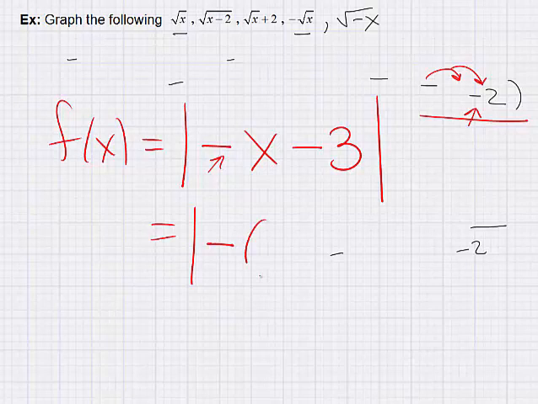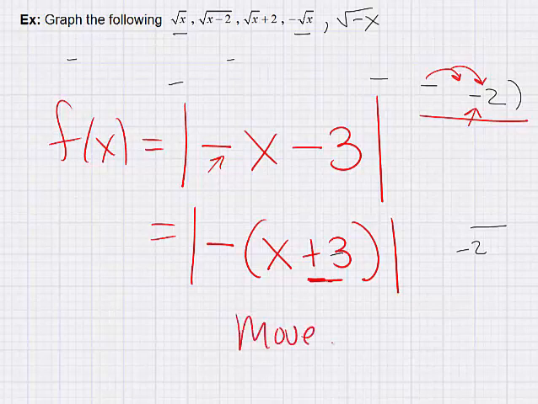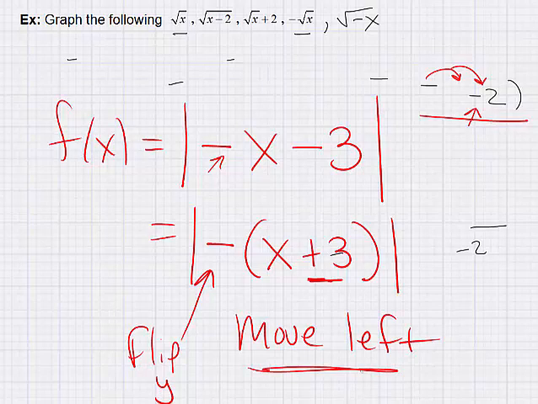If I multiply it by the entire interior of the function, this would become x plus 3. Now I say, okay, plus 3 inside my function, move left. Okay, now I'll do my reflection first, but that would be over the y, but I'm moving to the left and not to the right. So that's the way you need to look at these functions.